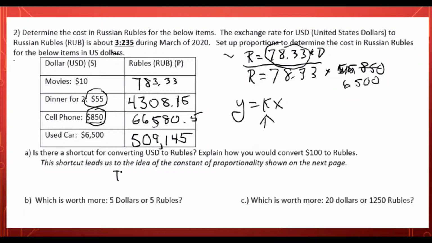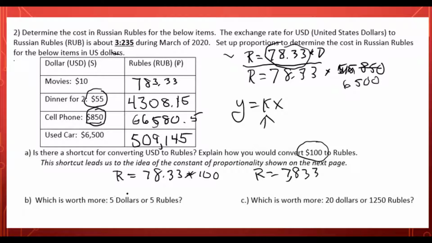So I'm going to go rubles equals 78.33 times 100. Multiplying by 100, you move the decimal 2 places, and you get 7833. 7,833 rubles is the same as $100.